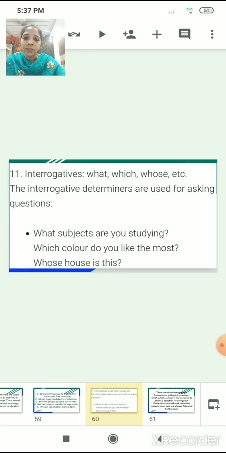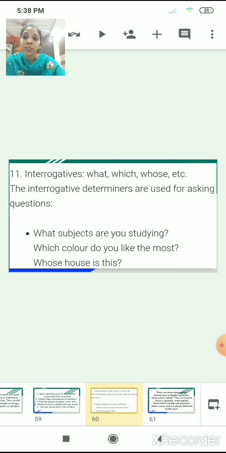Now let us consider these examples. What subjects are you studying? Which color do you like the most? Whose house is this? In each of these examples, we are using interrogative determiners: what, which, whose. And they are mainly used for asking questions.